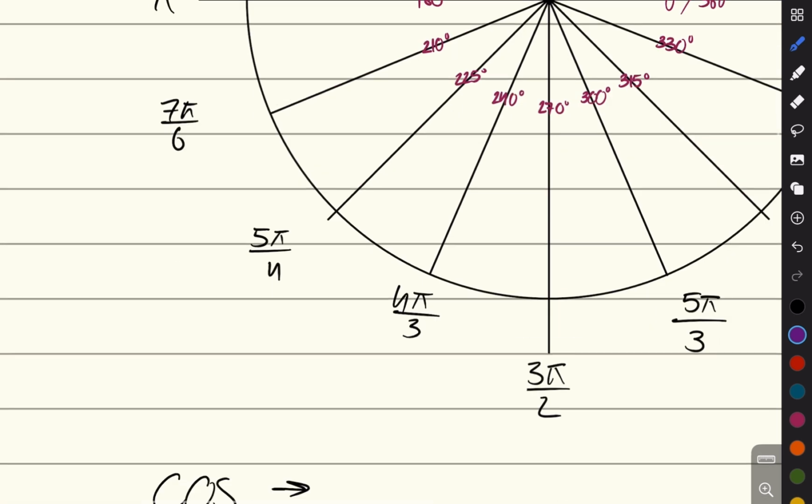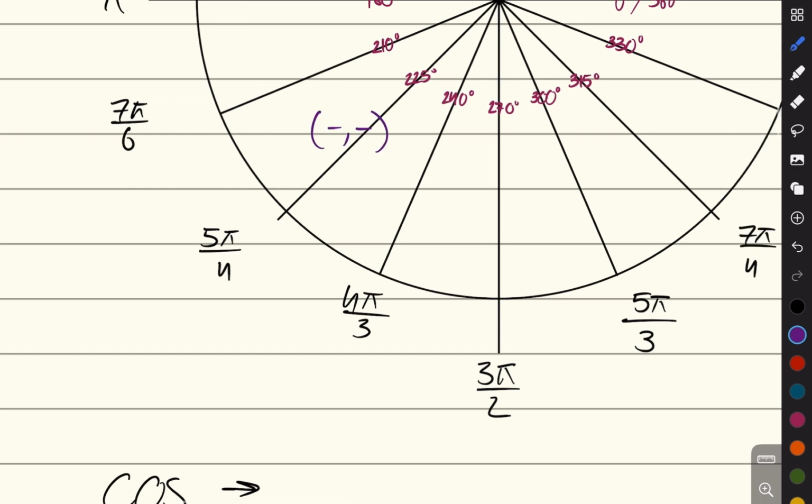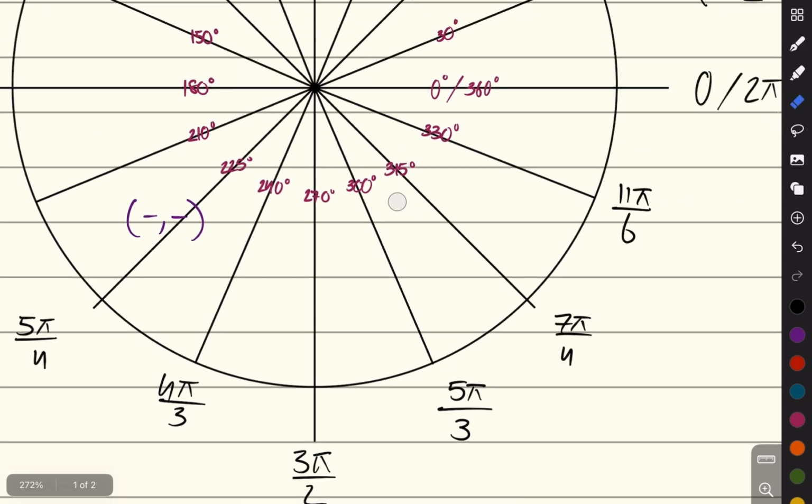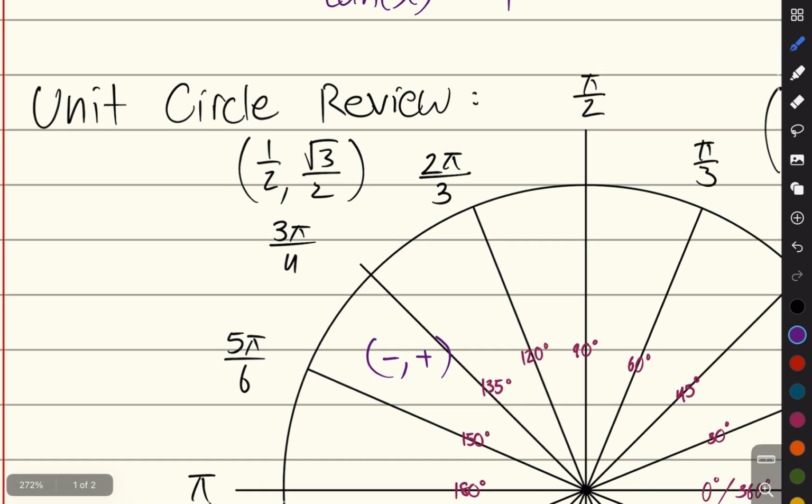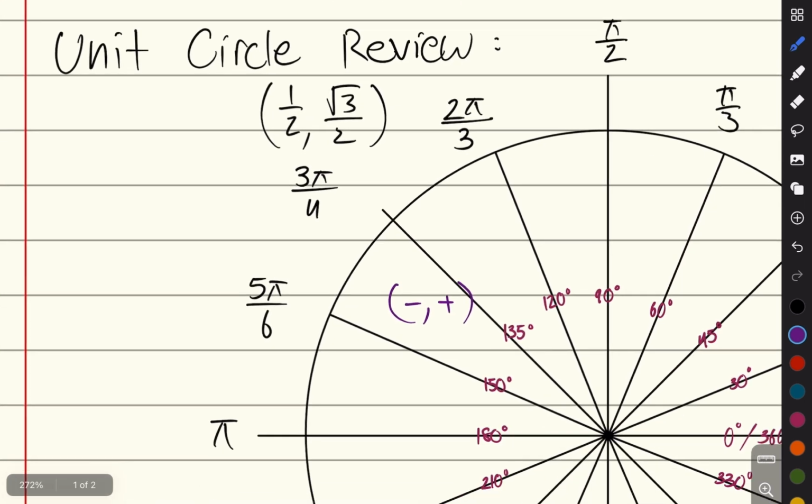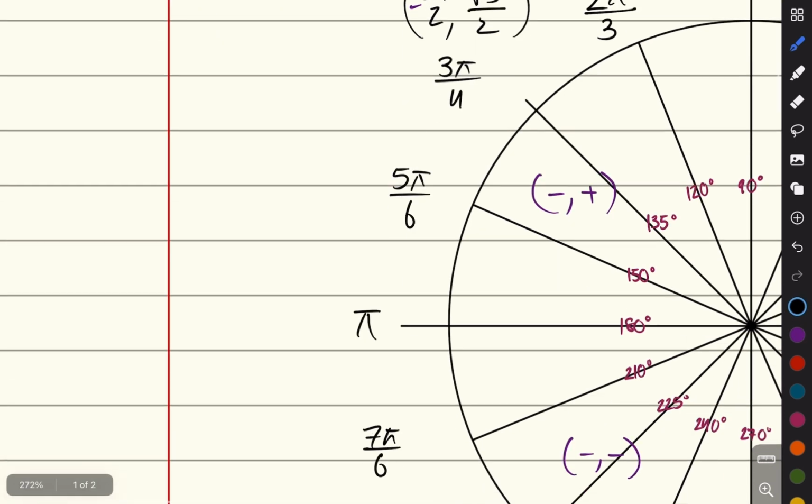The coordinates inside of the third quadrant will be negative, negative. And finally, in the fourth quadrant, it will be positive, negative. So if we go back to this, the 1/2 over here would become a negative.